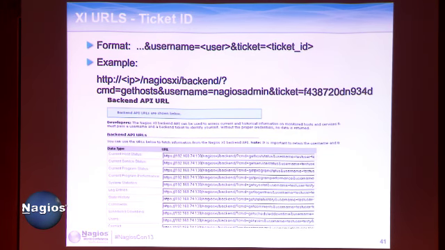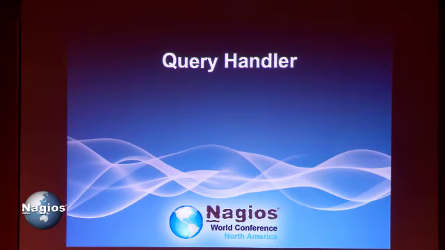At the end of the form, you will find username equals and ticket equals. And here's a short example of what it may look like. Now you can take this whole statement here and append it to pretty much any GET in Xi in order to be able to end up at that page without a password.